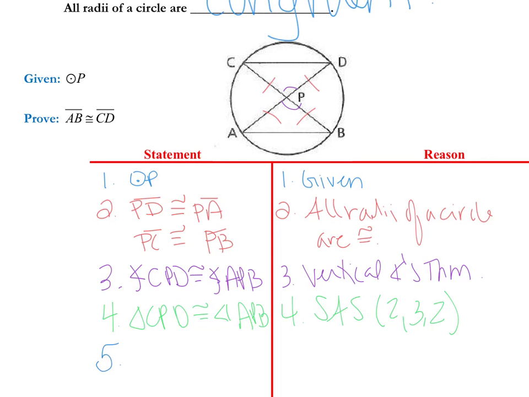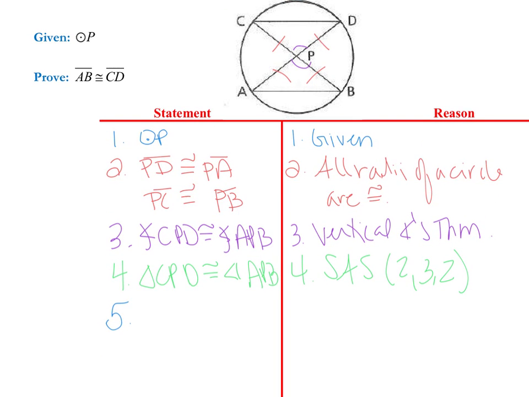The proof required us to prove that AB was congruent to CD. And remember that in order to use CPCTC, you have to prove that the two triangles are congruent. So in step 4, we proved that the two triangles were congruent. So in step 5, we can now say that the parts are congruent. So AB is congruent to CD by CPCTC.